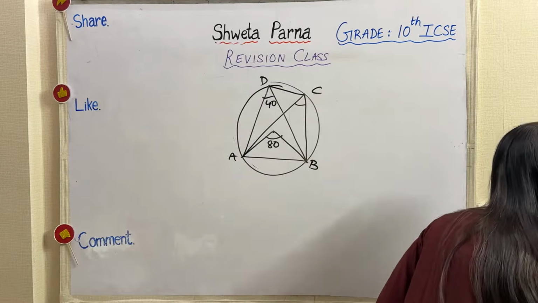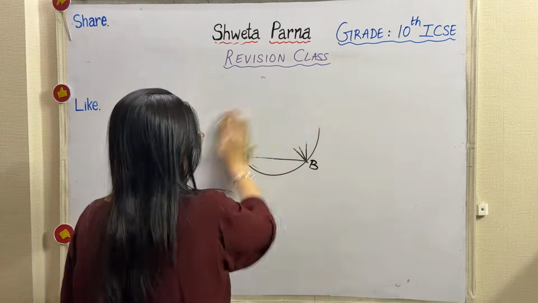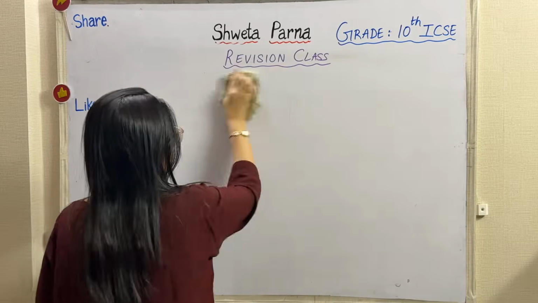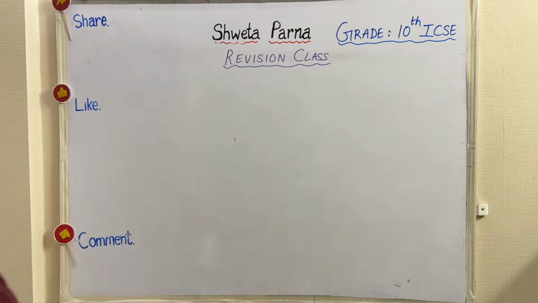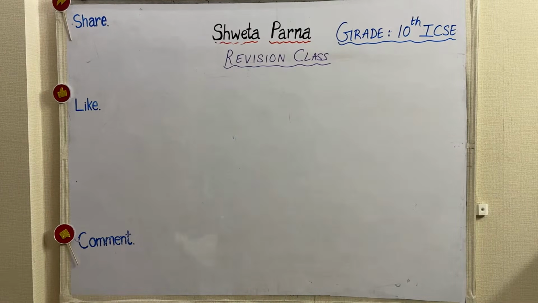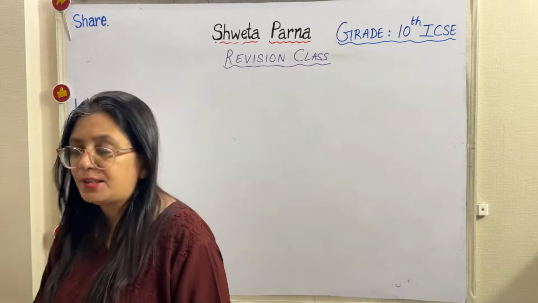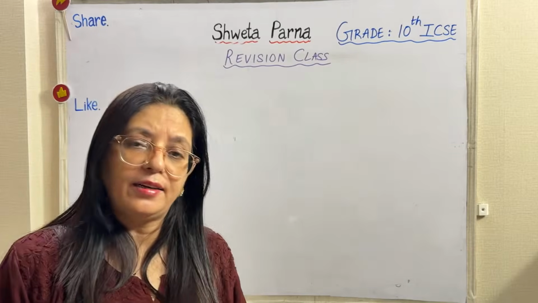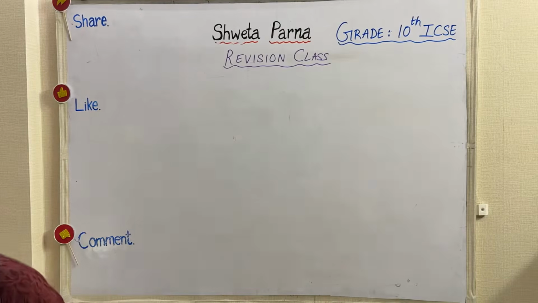More theorems. We will do all the theorems from angle and cyclic as well as from tangent also. So the first theorem I said is the angle subtended by the arc at the center is double the angle subtended on the circumference of the circle.